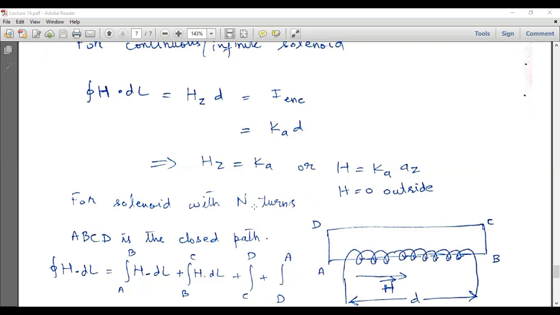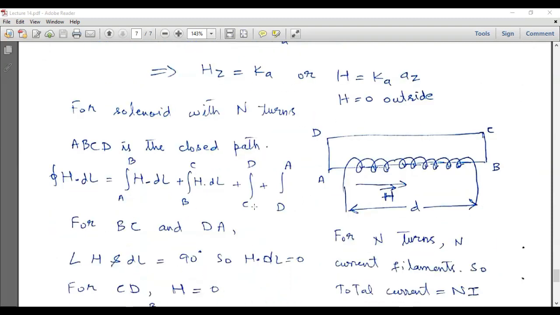For the solenoid with n turns, we can draw such a figure, and we have to apply Ampere's law for a closed path, which can be made as A to B, B to C, C to D, and D to A. This is the n-turn solenoid, and we can see there are n current elements in n number of turns.